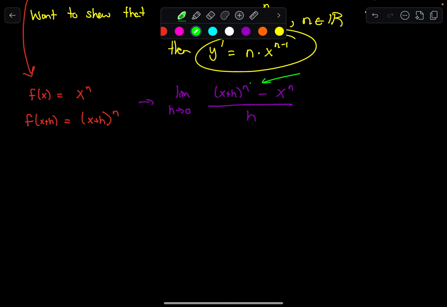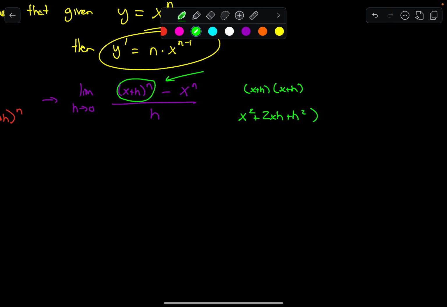The idea is you're going to need to put some faith in me. And I claim that if I were to take x plus h and multiply it out, if I were to do two of them, I'm going to get x squared plus 2xh plus h squared, right?